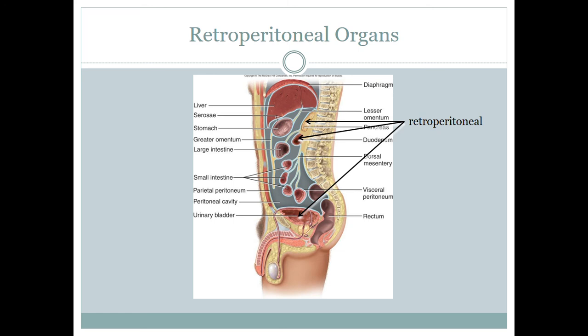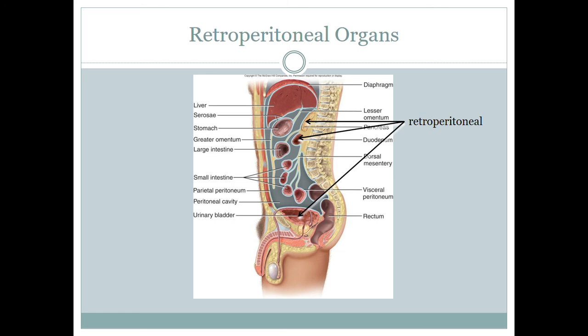The duodenum, which is the first part of the small intestine, is also retroperitoneal, as is the urinary bladder, the very last part of the large intestine, and the kidneys. Kidneys are probably the best example of a retroperitoneal organ.